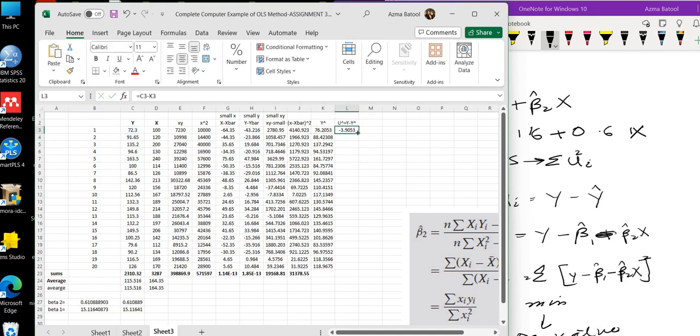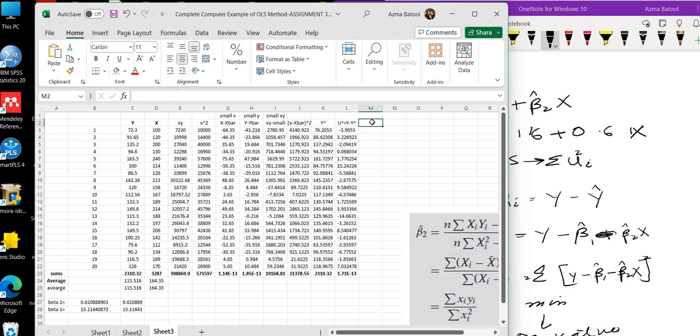Here we go with the u hat value, and let's drag it down. What sum are you expecting for it? What should the sum of u hat be? Let's check it out. What is coming? 1.71 e raised to the power minus 13, so approximately equal to 0. That's what we need, right? So we have calculated u hat.